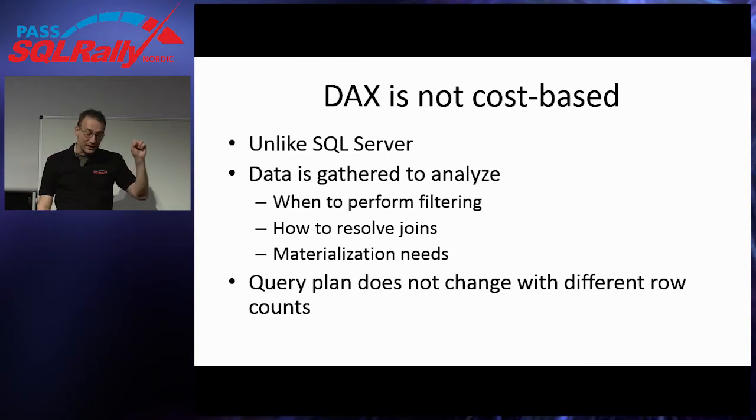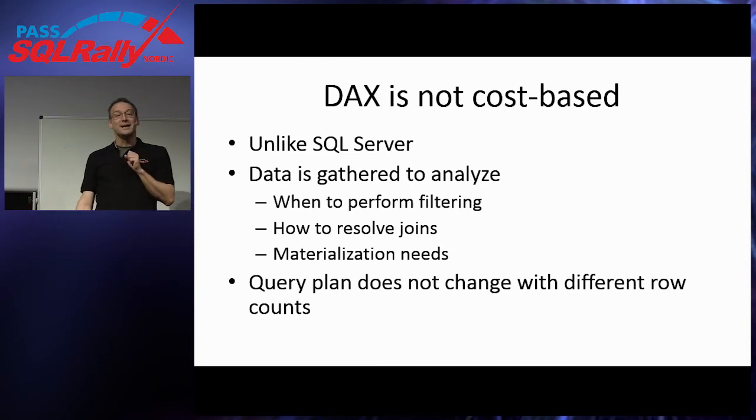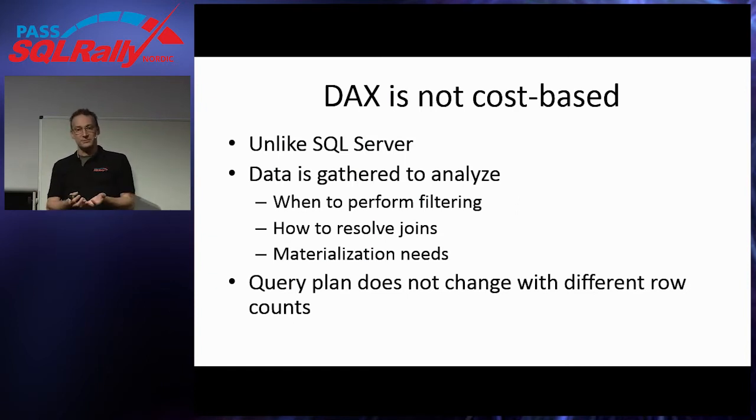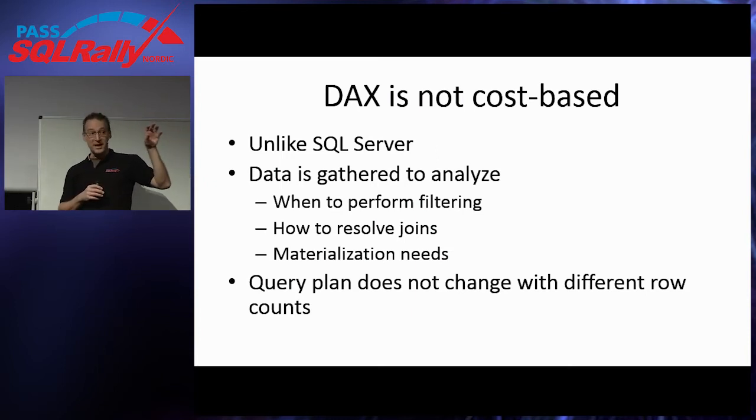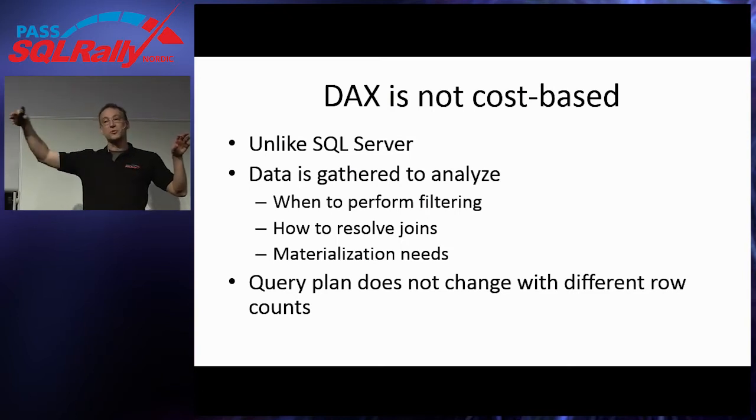But remember another important thing: DAX optimizes the complete expression. It does not optimize only the query you write. So if you write a measure and this measure is very complex, it might be the case that the query plan for that measure is different if the measure is used in different queries.